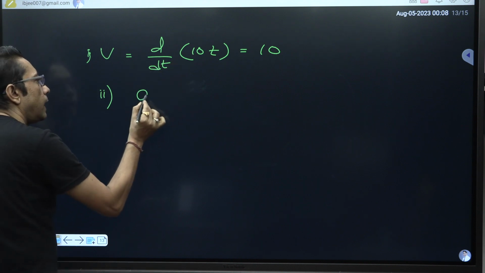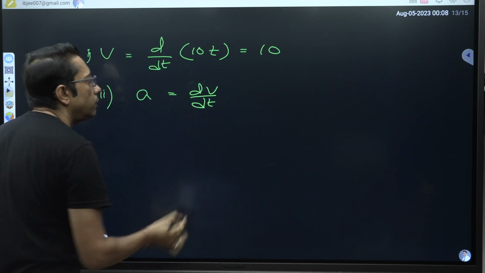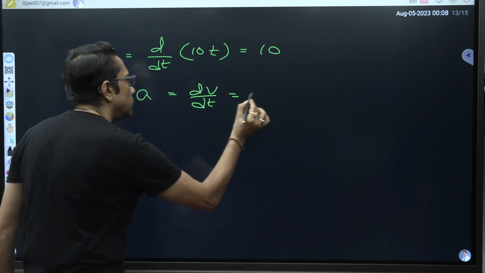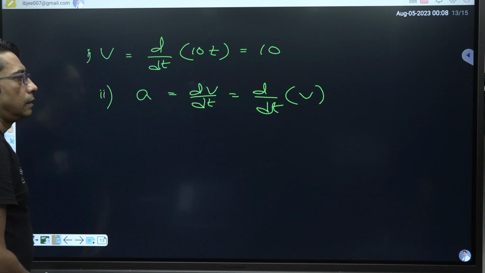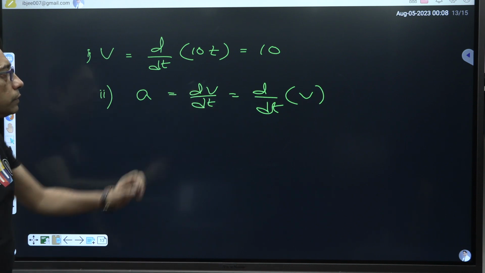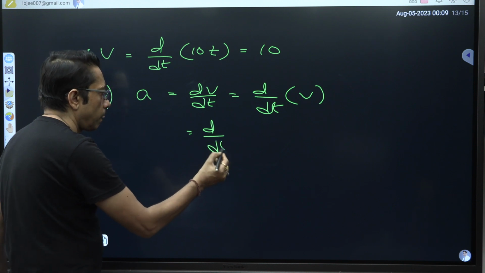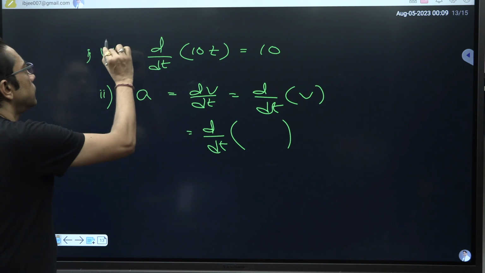Just the second answer, acceleration. How to find acceleration? It would be dv by dt. Acceleration, that means what? We can write it this way also, d/dt of v, that is rate of change of velocity with respect to time. That means we need to differentiate the velocity whatever we got. What is the velocity?